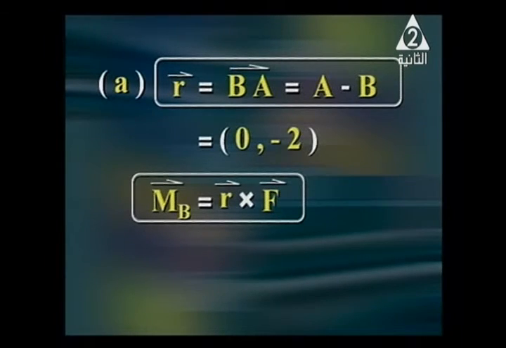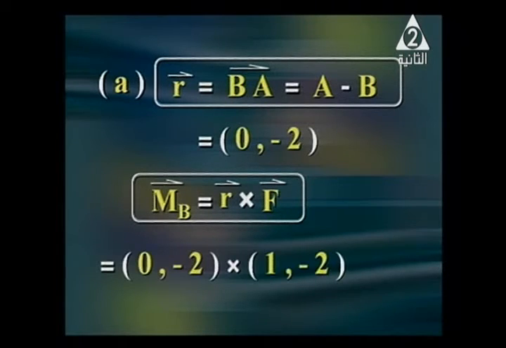Then the moment of the force about point B equals r vector cross F vector. (0, negative 2) cross (1, negative 2) equals what? x1 times y2 minus x2 times y1. 0 times negative 2 minus negative 2 times 1 equals 2k.